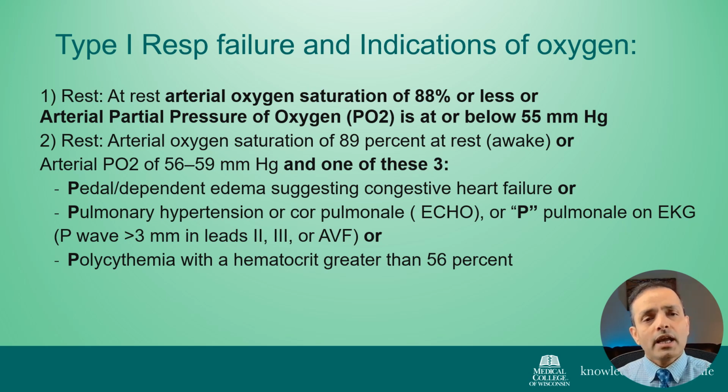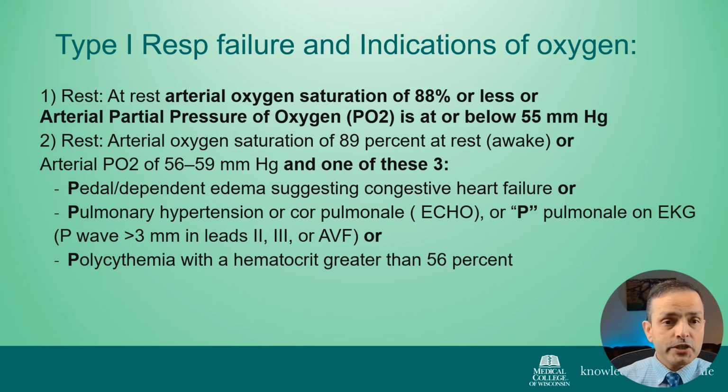If we have chronic hypoxemia to the bone marrow, what is going to happen? There will be more erythropoietin secretion, resulting in polycythemia, hematocrit of 55 or 56 or more. So those are the three P's: pedal edema, pulmonary hypertension, and polycythemia, which are the features of chronic hypoxemia.